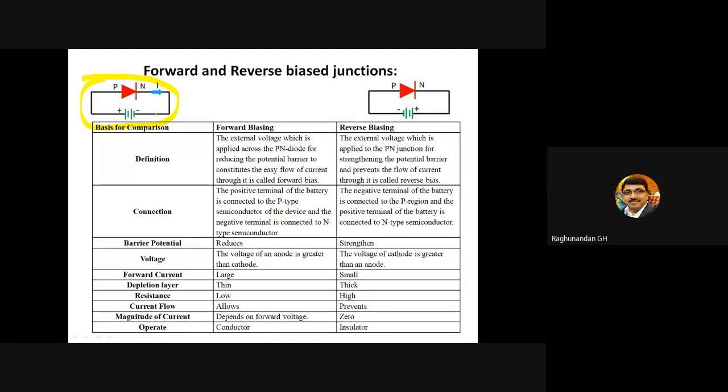Can you tell me what is the difference between a PN junction and a diode? Are they the same? If they are the same, why do we call it a diode? You would have kept the name as PN junction only, no? How is a diode a little bit changed from a PN junction?